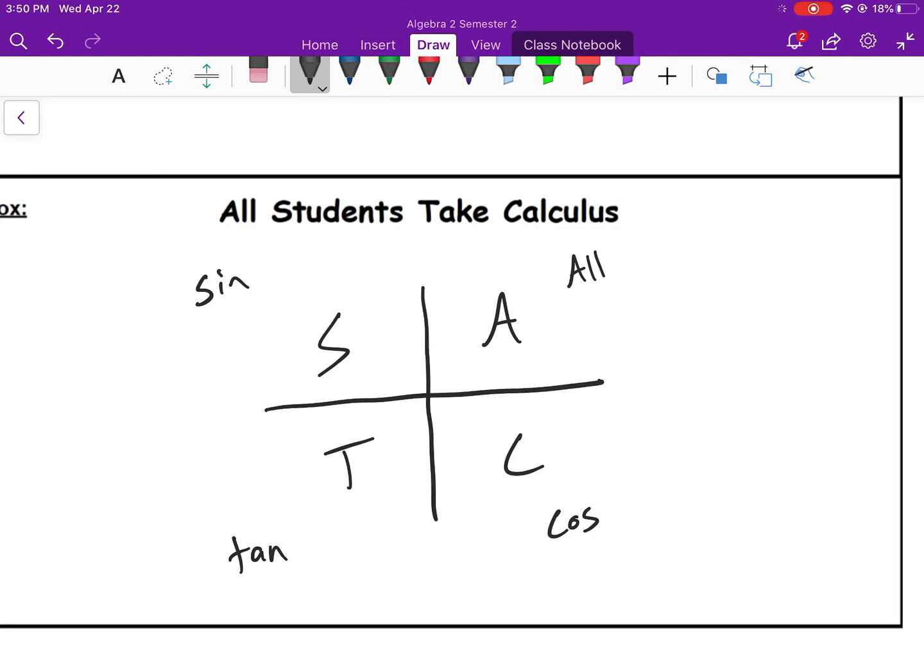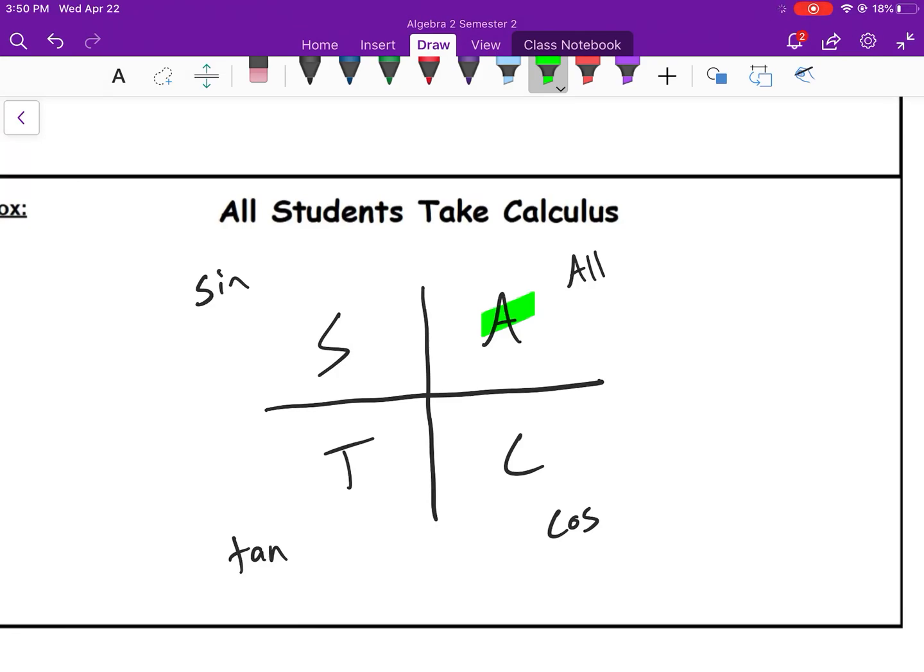In quadrant 1, all trig functions are positive. Say you're evaluating cosine of 45 degrees. 45 degrees lands in quadrant 1, so no matter what trig function you evaluate at 45 degrees, it's going to be positive.